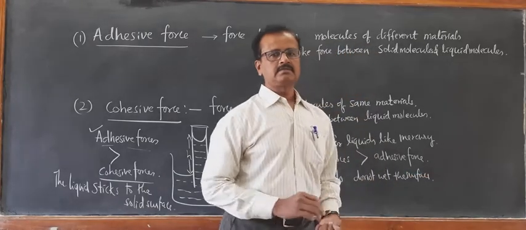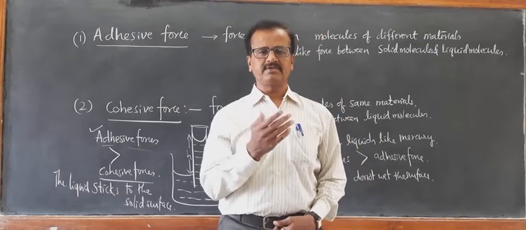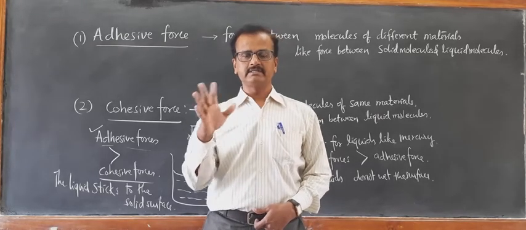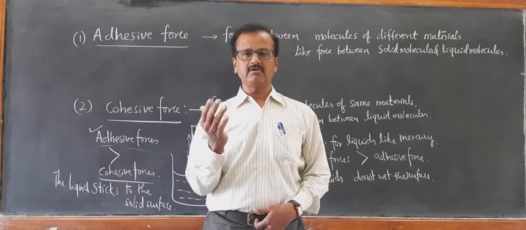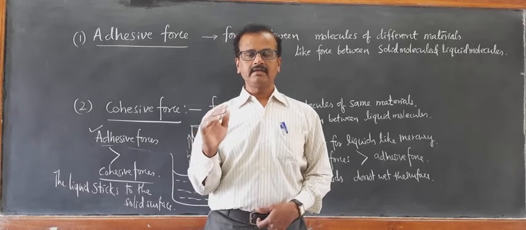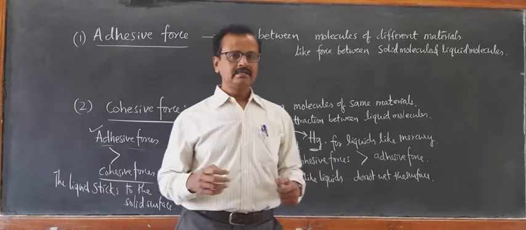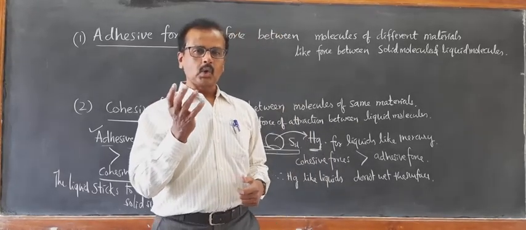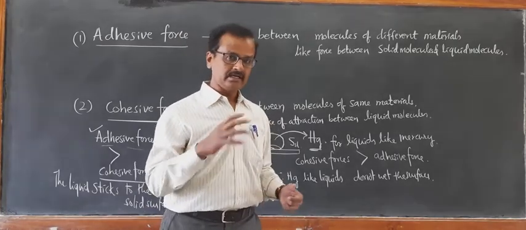Same thing happens whenever we consider water on a waxy surface, water on a greasy surface, water on an oily surface. When we take water on an oily, greasy or waxy surface, then water doesn't stick, water forms drops like this. In that case, the cohesive forces of the water are quite stronger than adhesive forces.